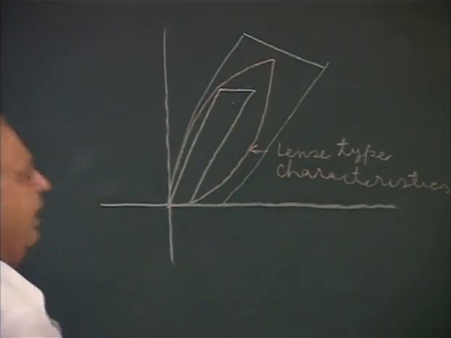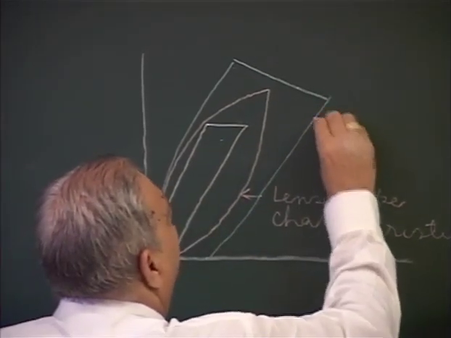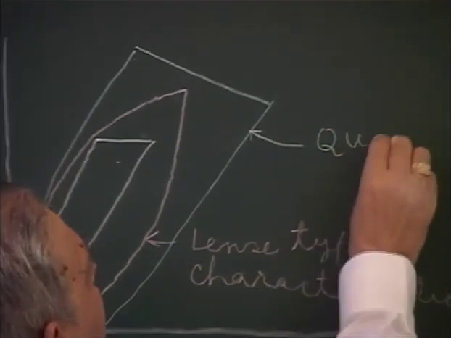It is also possible to have four lines covering this area, and this is called a quadrilateral characteristic.